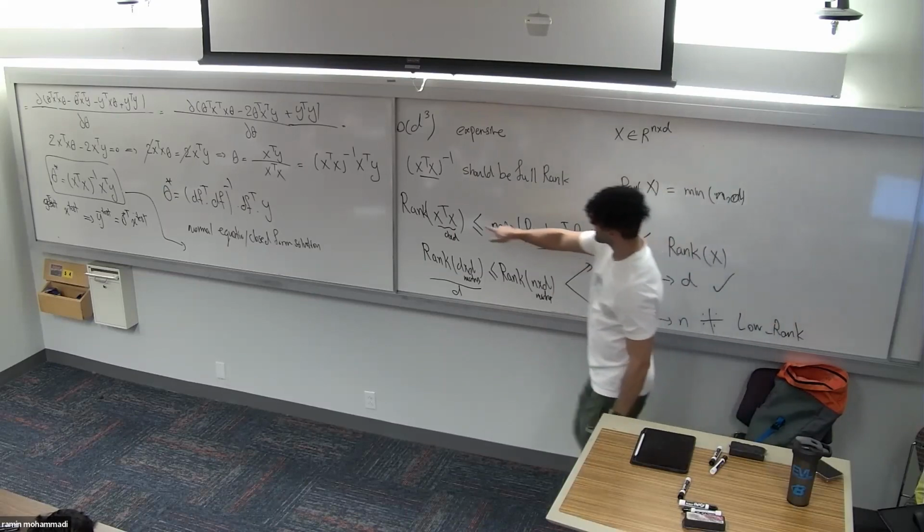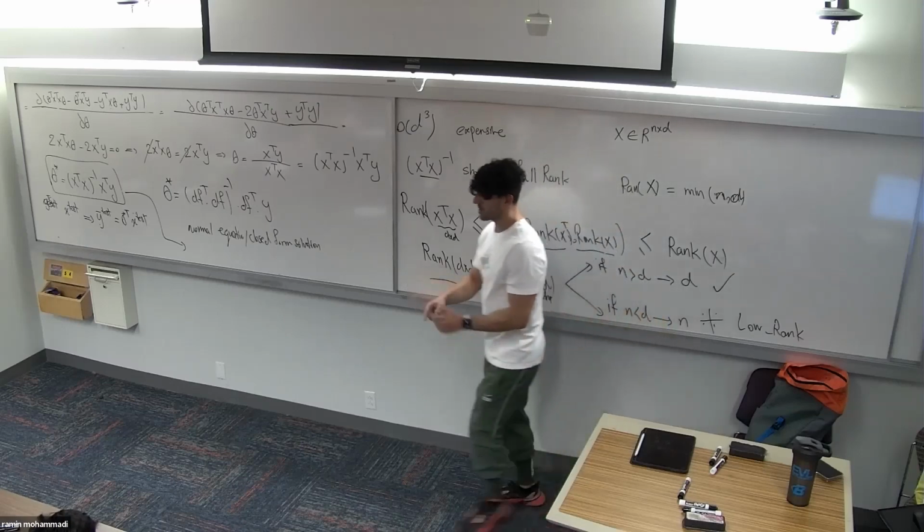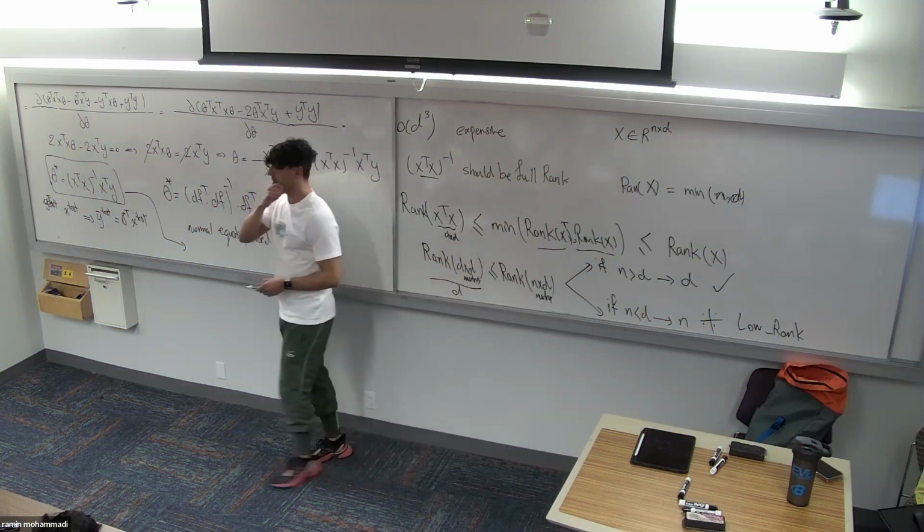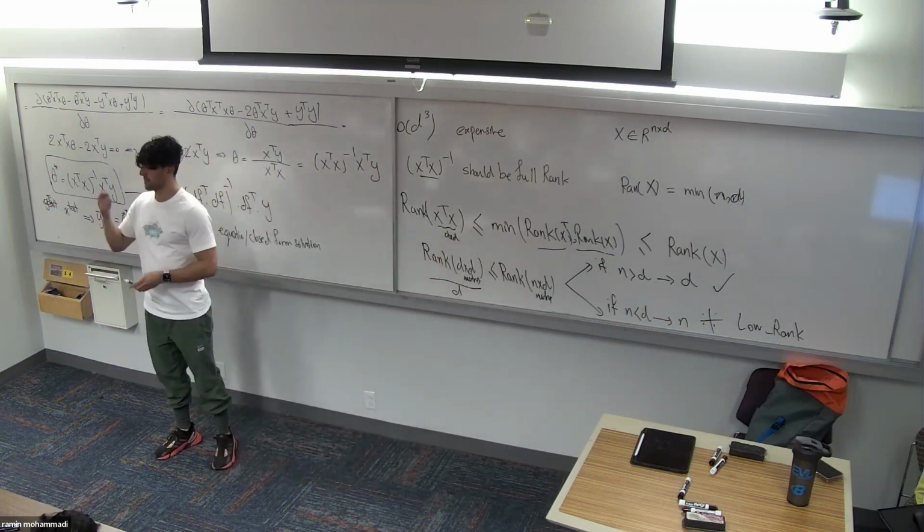X is an N by D matrix, and X transpose X is a D by D matrix. The rank of a D by D matrix is D. So on the left side you have rank D, less than or equal to the rank of X. X is N by D, and the rank is the minimum of N and D, correct? So there are two scenarios.